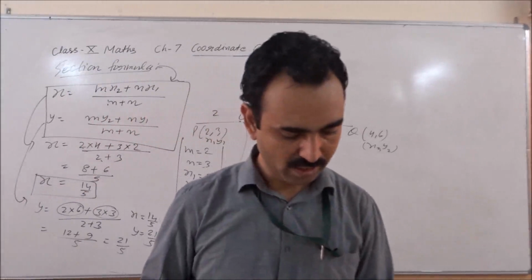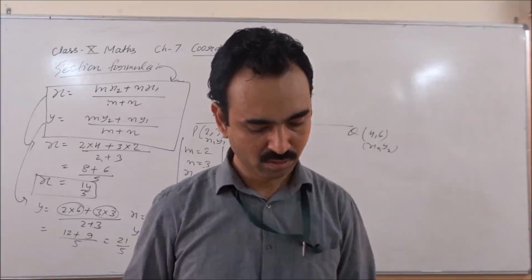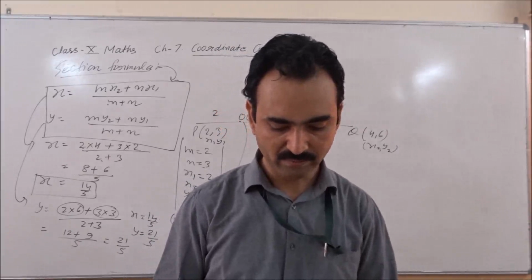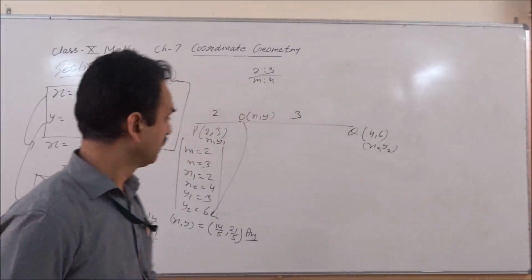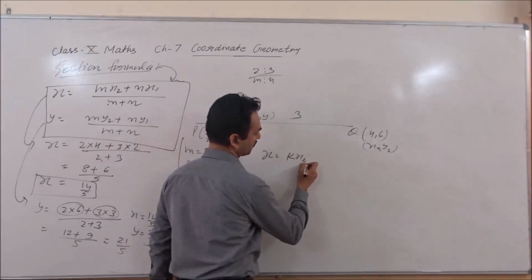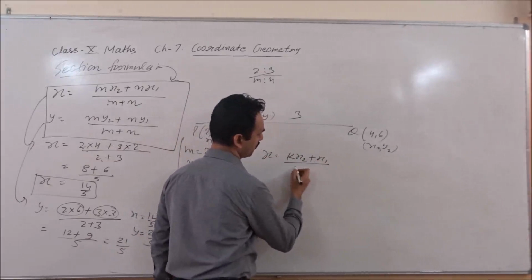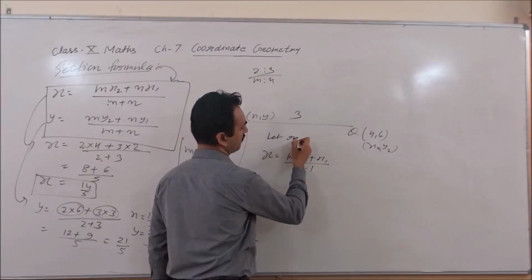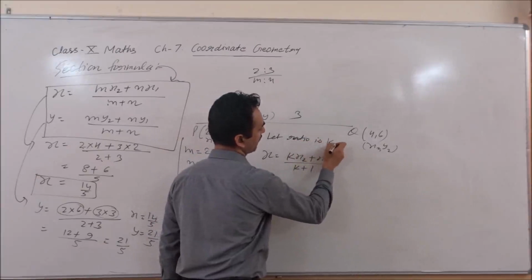Example number 7: in what ratio is the point dividing the given line segment? So we have to find the ratio. For this I am giving a very easy formula. x equals k x2 plus x1 upon k plus 1. Here we let the ratio be k:1, right? Let the ratio be k:1. Instead of the m ratio n that you wrote, we are taking k ratio 1.